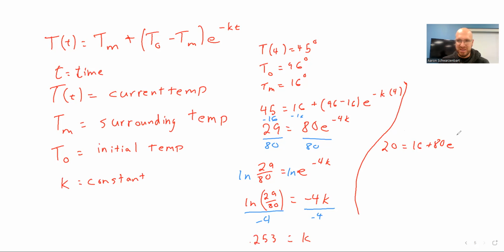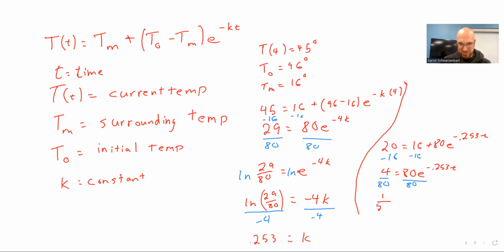I'm just going to use the 80 again. Negative 0.253 t. I'll subtract 16 from both sides and divide by 80. So I'm going to do my same process of solving. Divide by 80.